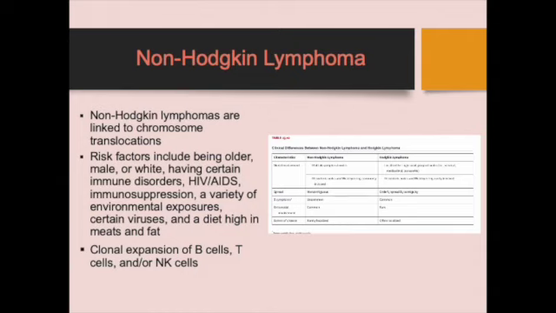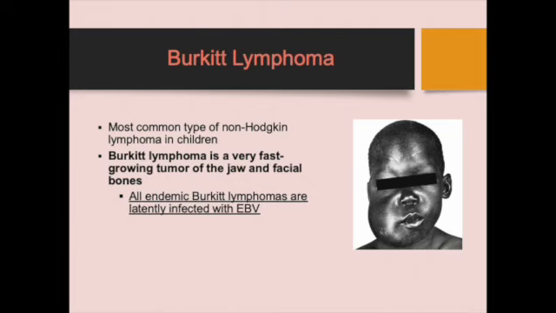Burkitt's lymphoma is a B-cell non-Hodgkin's type of lymphoma, and it has a very unique clinical presentation. It's really aggressive, highly aggressive, and it's the fastest growing human type of tumor. There are three main types of Burkitt's. There's endemic, sporadic, and immunodeficiency related Burkitt lymphoma.